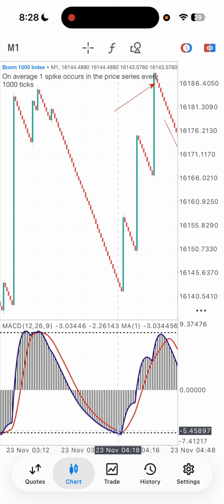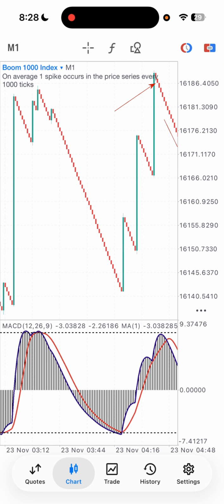I know some of you will not understand what I'm saying, but if you consistently trade boom and crash, you know that it is less risky when you're catching the spikes, because when you're catching the spikes, you can actually use a stop loss, right? But when you're trading the candles, you don't use a stop loss. Okay, so the only stop loss you can use is a manual stop loss, whereby you exit out of the market on your own.